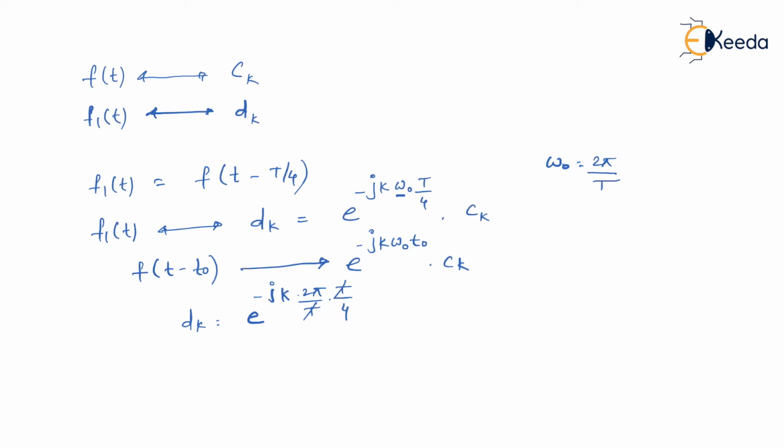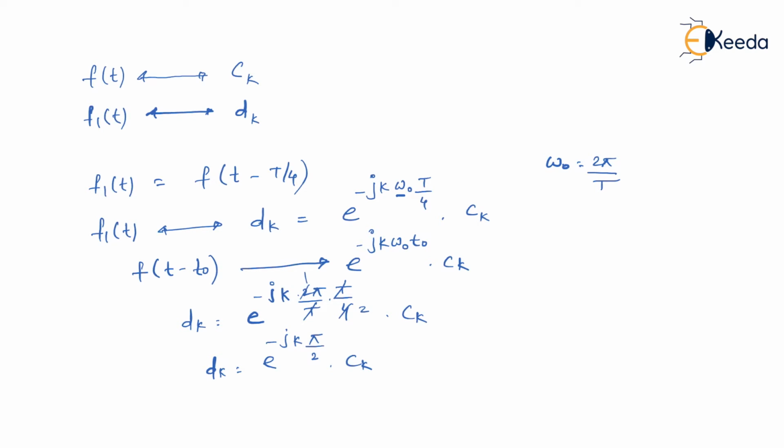So here T gets cancelled, and 2 ones are 2, 2 twos are 4 times ck. So dk is equal to e to the power minus j k pi by 2 times ck. But you know what? Ck is already known to us.